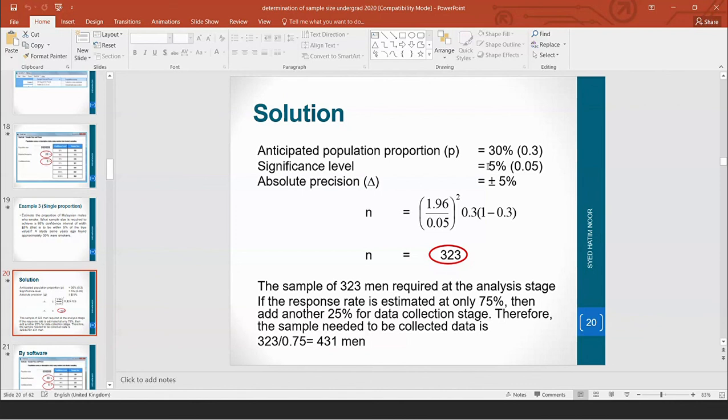So for this topic you have to learn from the beginning introduction till your sample size, and after that we will continue with the sampling method. So your sampling method will not be in the test.